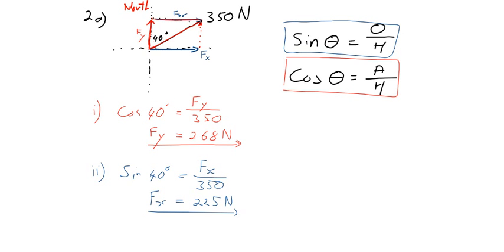2B. They say explain why the crew of the yacht need to lean out as shown below to prevent the yacht capsizing due to the force of the wind. Remember, these forces are going to cause the boat to tilt. It's causing a moment.